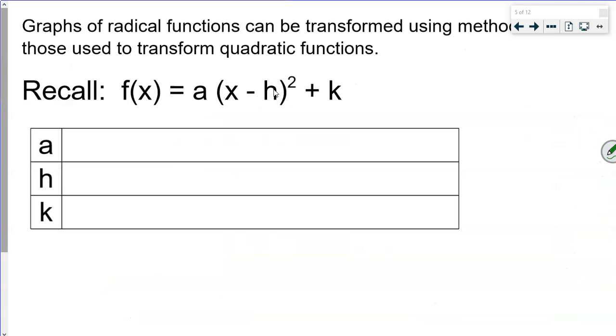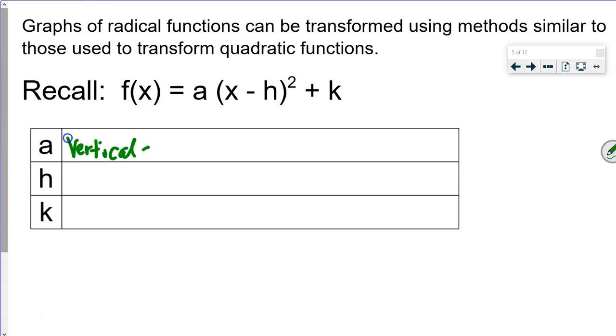Okay, so I want you guys to recall here that graphs of radical functions can be transformed using methods similar to those used to transform quadratic functions. And when you guys learned about quadratic functions, you learned what a did, what h did, and what k did here. So we're going to talk about what these are. So first of all, a has to do with a vertical stretch or shrink, okay?